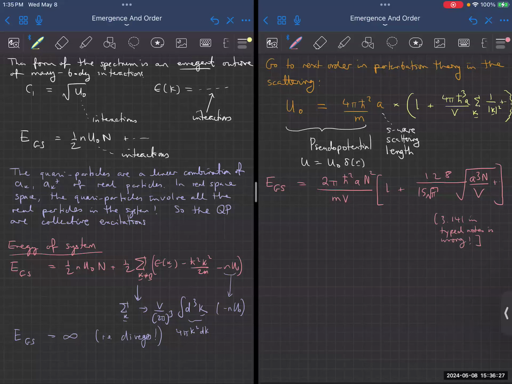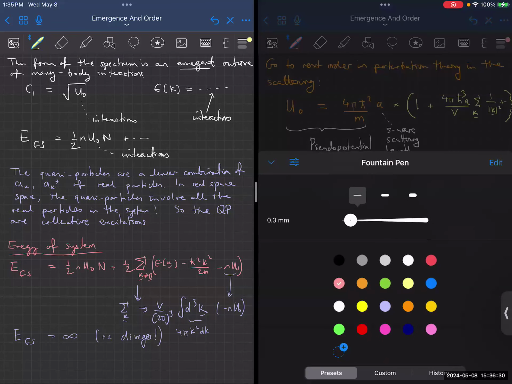Okay, so why am I showing you these formulae? What is the point about this?